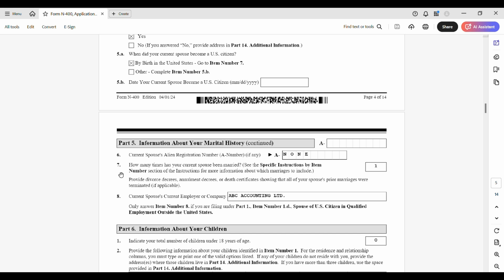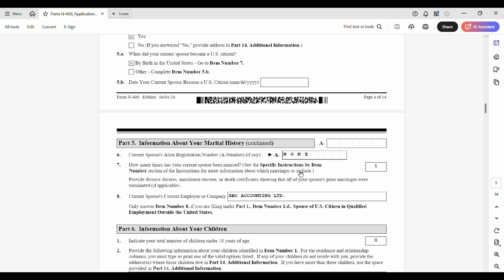So number 7. How many times has your current spouse been married? So we see that in this case, it's one time. Let's see what they say here.